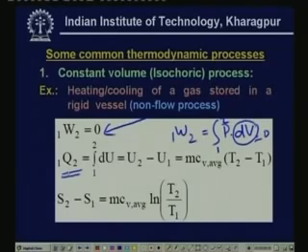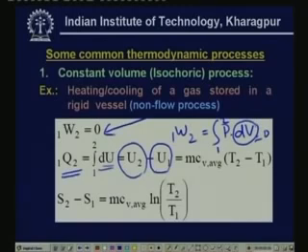Since 1W2 is 0, you simply have 1Q2 is equal to the integral of dU. Since this is a property, the integral of dU can be written as U2 minus U1, where U2 is the total internal energy at state 2 and U1 is the total internal energy at state 1. Of course, this is based on the assumption that other changes like kinetic and potential energy changes are negligible.